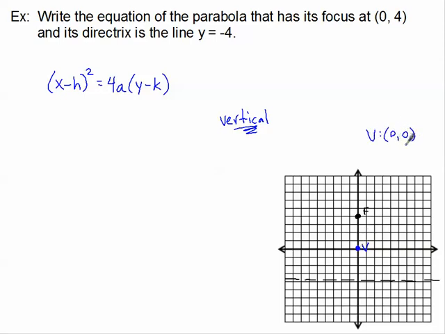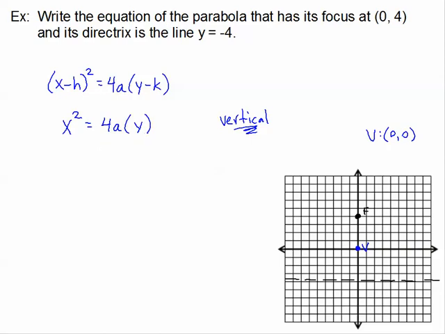So h and k again are 0 and 0. So in our standard form, x minus 0 is just x, so this becomes x squared. And 4 times a times y minus 0 is just a y. So again, we're trying to find a. On our previous problem, we were given a point that's on our parabola to plug in for our x and our y, but we don't have that luxury this time.